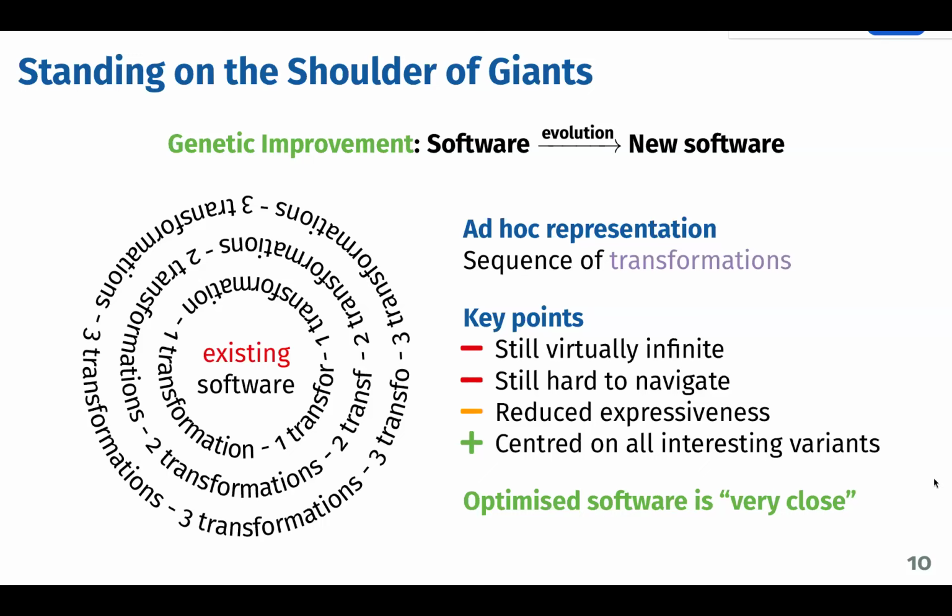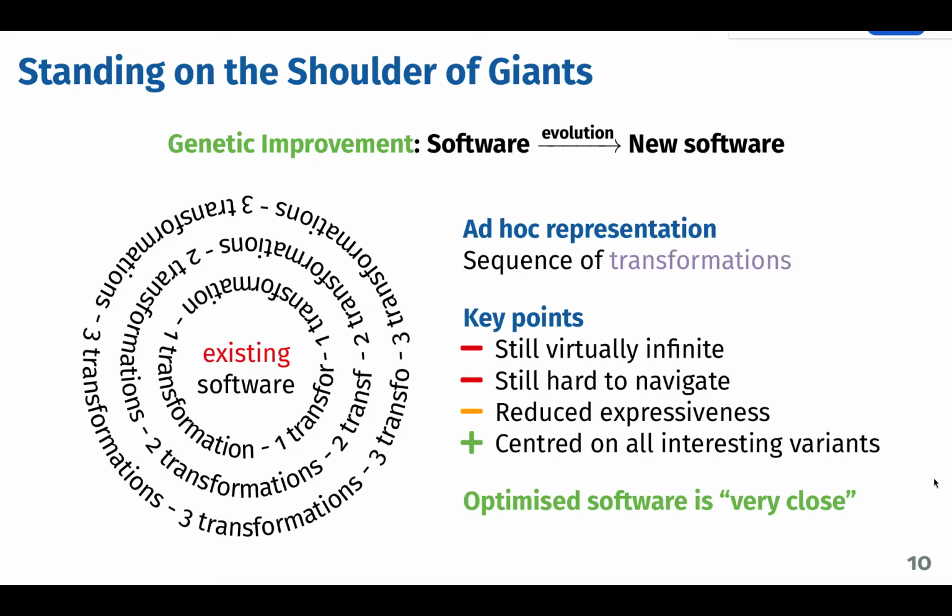It's still hard to navigate because you still have the issue that you know what you want, but you do not know how to write the software that does what you want. It's a little less expressive because you are basically looking at a subspace that is around your starting software.